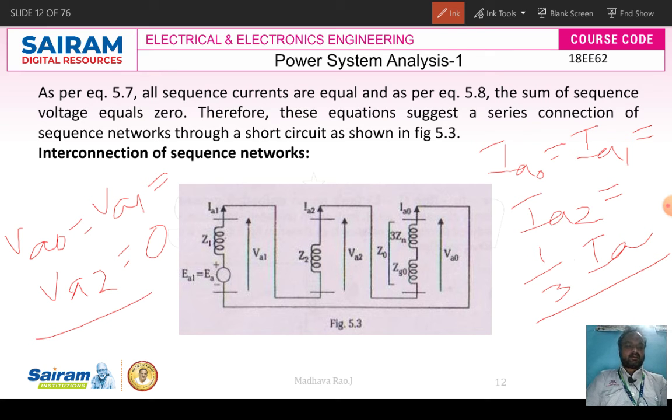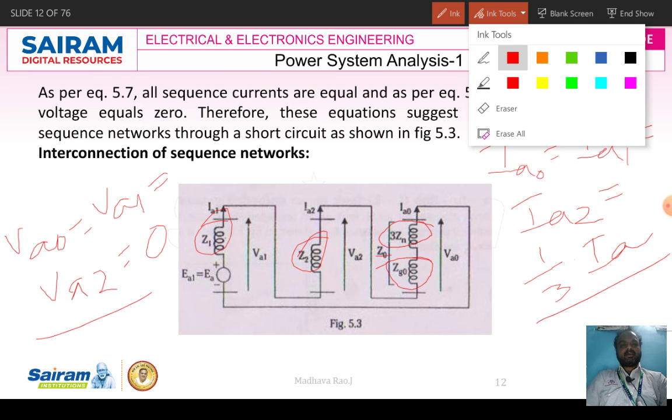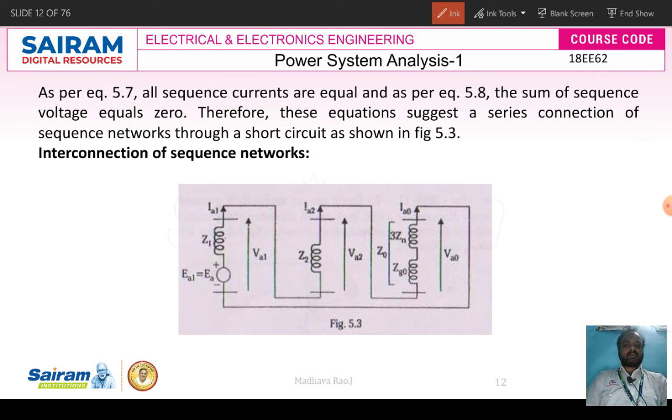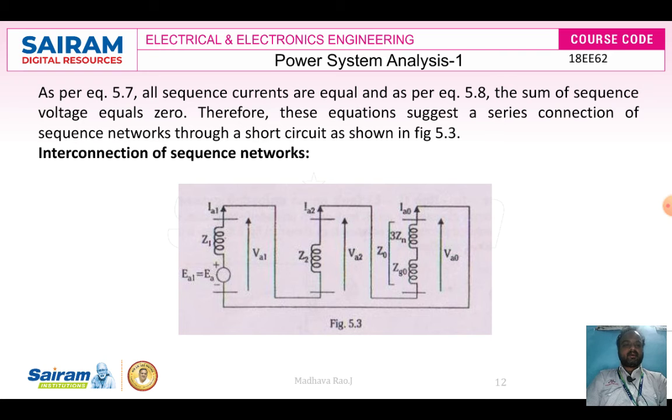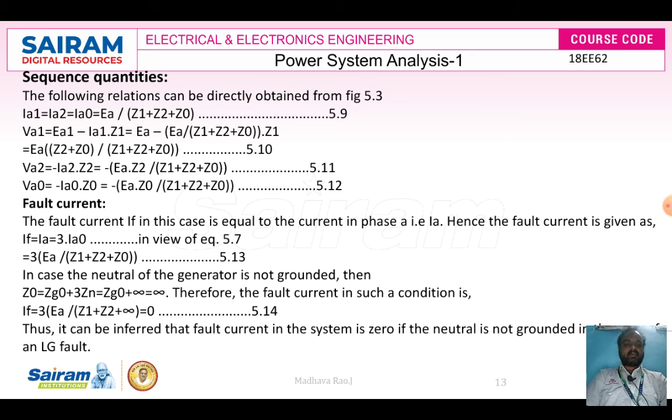According to these conditions, the sequence network diagram will have Z1, Z2, Z0, that is the zero sequence impedance, along with neutral impedance 3 into Zn. So Z0 plus 3 into Zn is taken as Z0. According to that we will draw this sequence network, right? All the sequence networks will be taken in series. Like that we will develop it.